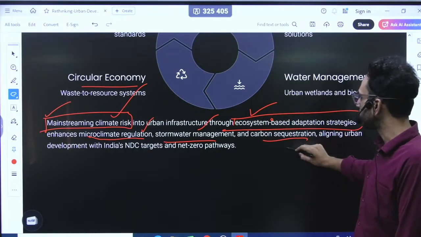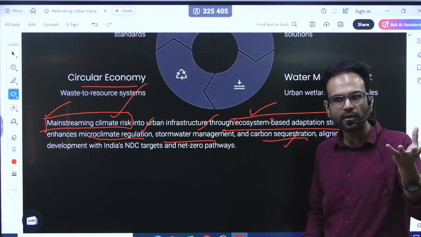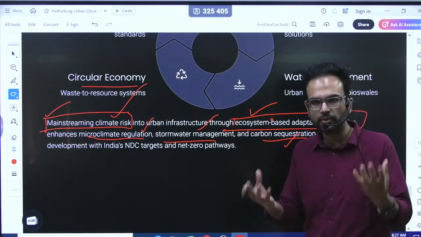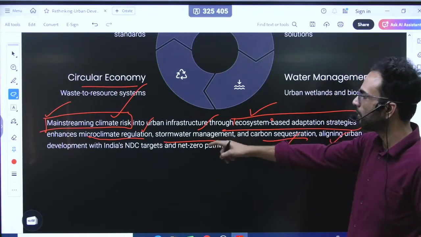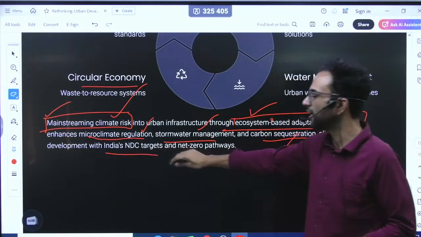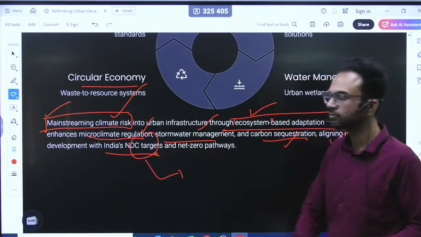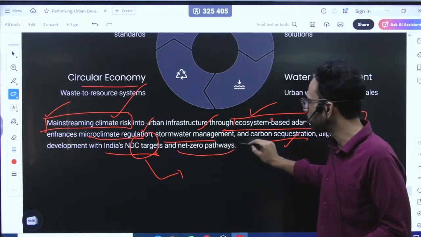Carbon sequestration, where the greenhouse gas emissions that are emitted are sucked back into the earth as a system. That is carbon sequestration. And aligning urban development with India's nationally determined contribution targets. Where will you see this? Paris Climate Deal and net zero pathways.